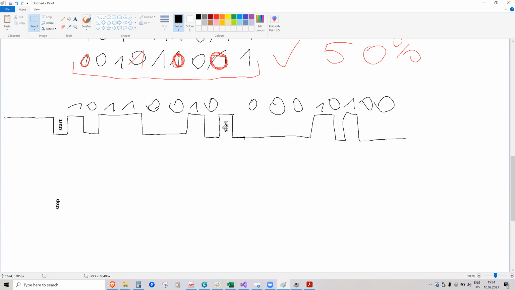And here, this is start. And the stop bit goes here. Ugh, give me a break. Oopsie, I cannot point to it. Okay, so the stop bit is here.